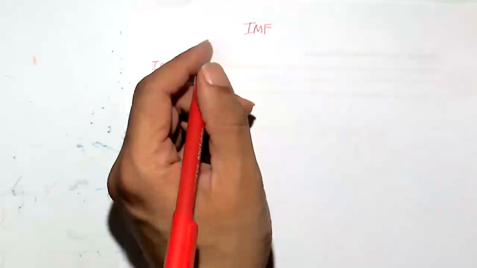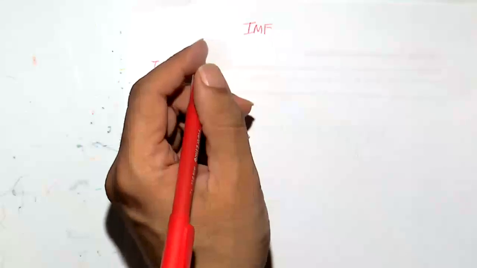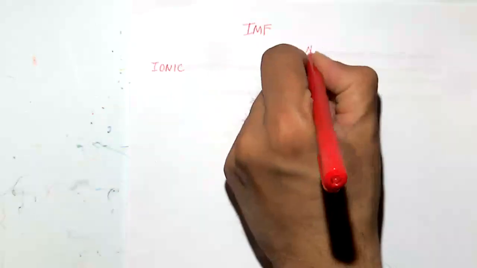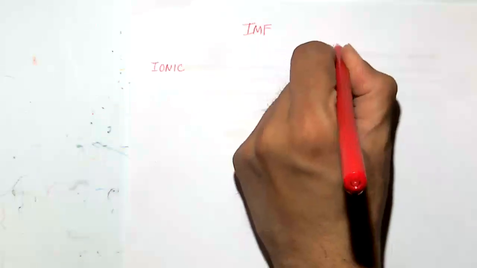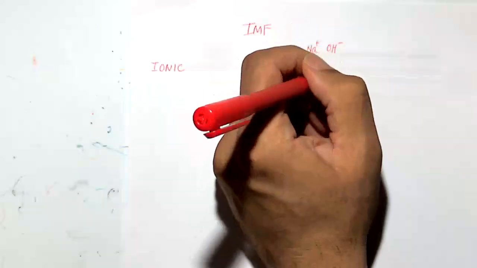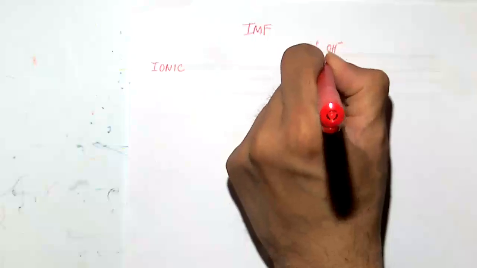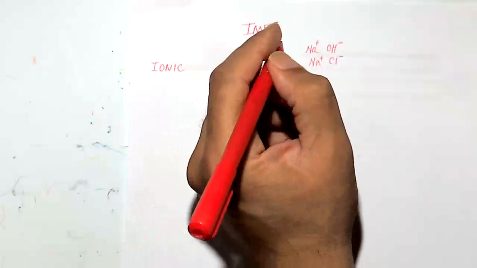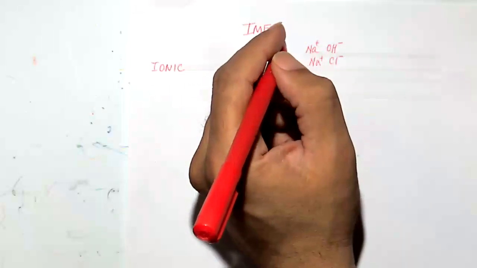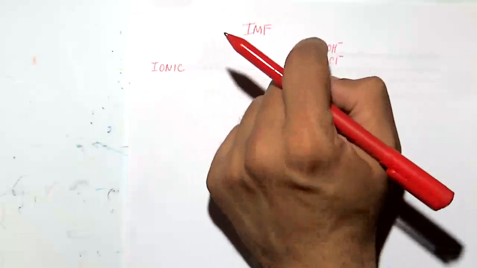Sodium chloride. Okay. Sodium hydroxide. Yes or no? Sodium hydroxide, ionic. Sodium chloride. Are these examples of ionic compounds? Yes or no?